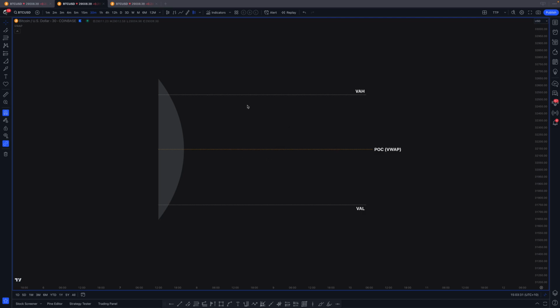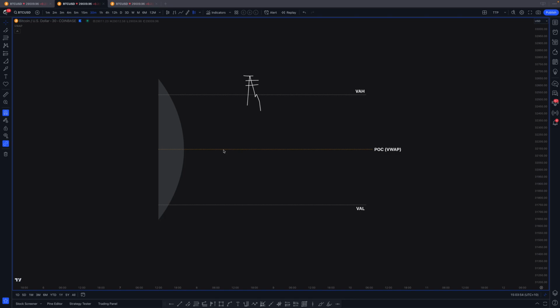Now how that works is when we poke up through the value, this being 70% of the main volume and value, what will happen is as we come up here, responsive sellers will kick in. People will take profit, and people will load up their shorts and push price back in, because at the end of the day, the POC, the VWAP, is the fairest of value.